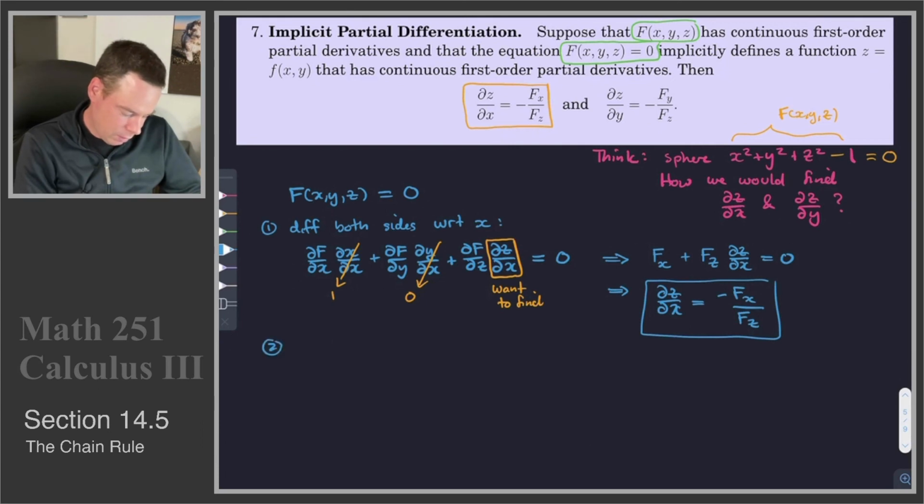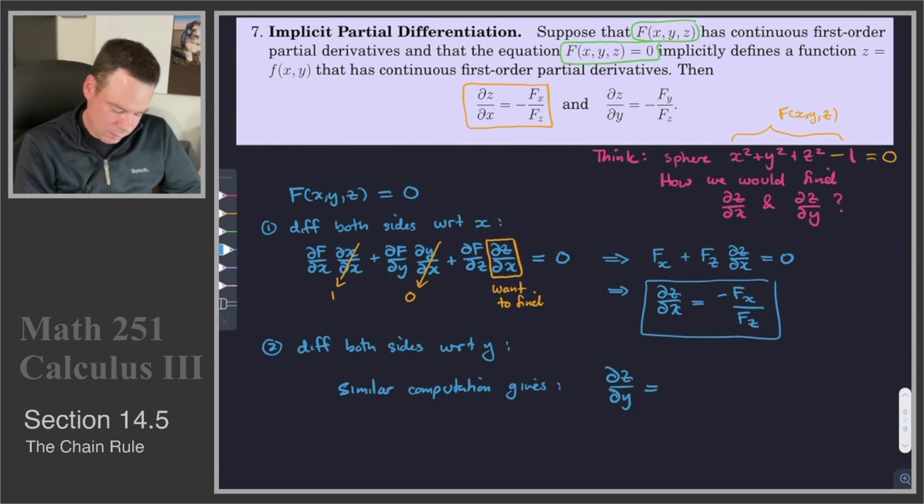We can do the same thing, differentiate both sides with respect to y, and a similar computation gives that dz dy is equal to negative F sub y, or the y partial, over the z partial.